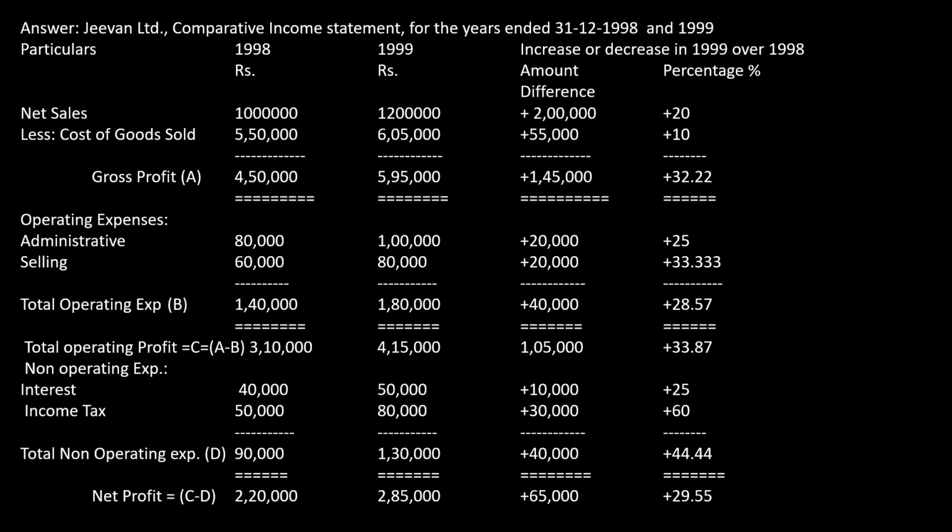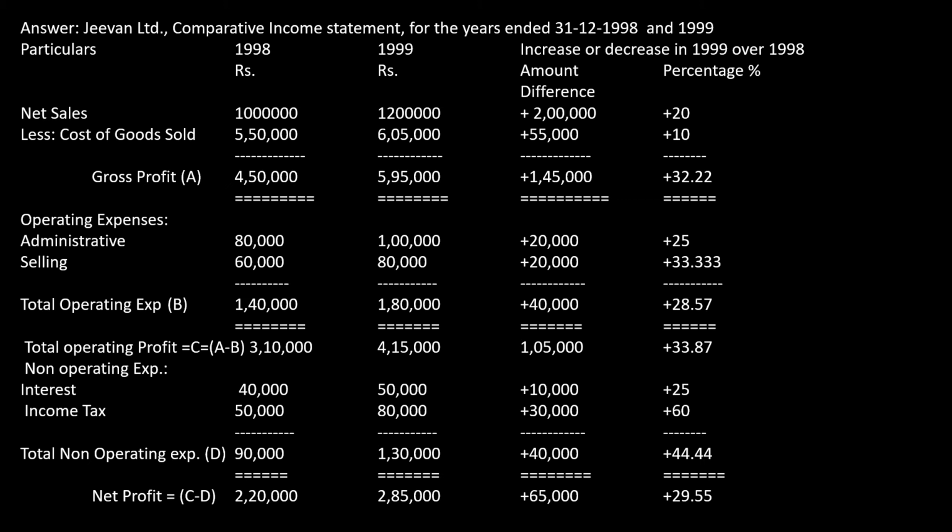Now the first 3 columns are nothing but the sum as it is given, but I have written it in a particular format. The sum is repeated here in a different format. You can see that net sales minus cost of goods sold is your gross profit. From gross profit, I minus all my operating expenses, administrative and selling, and I get operating profit.